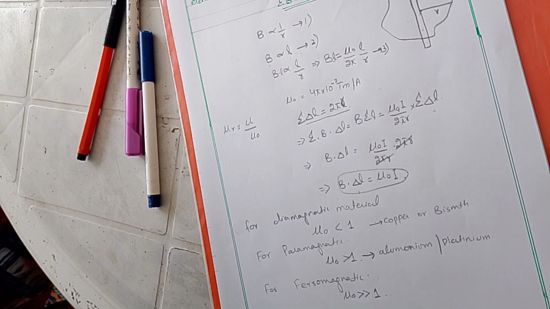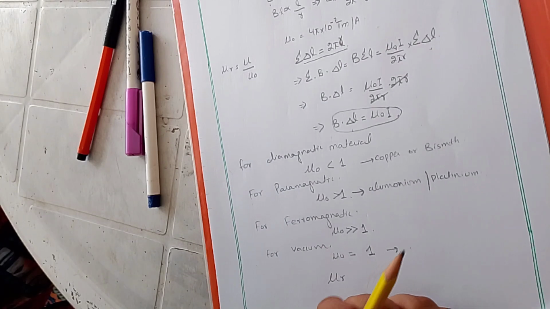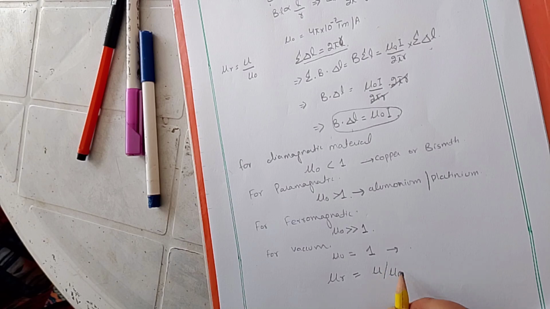For vacuum it is taken as 1, and vacuum means air or space. And for any material we can find relative permeability, which is equal to permeability of dielectric divided by permeability of free space.